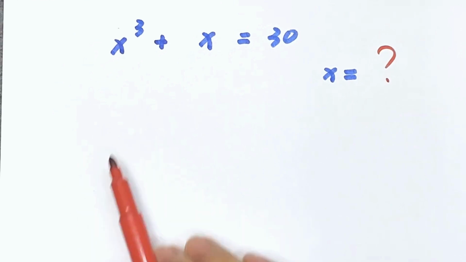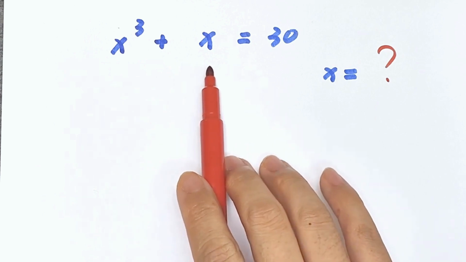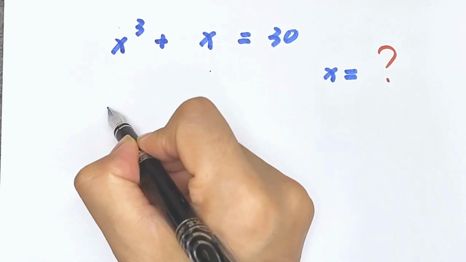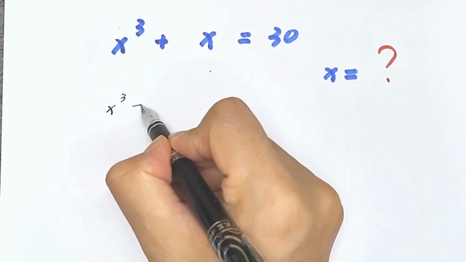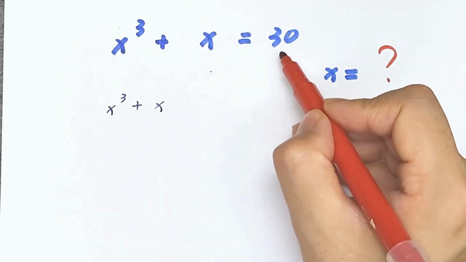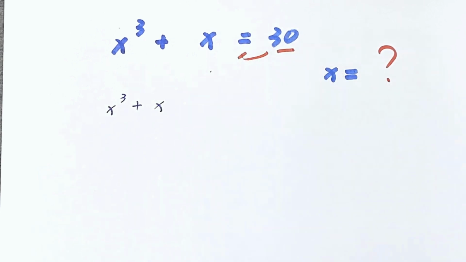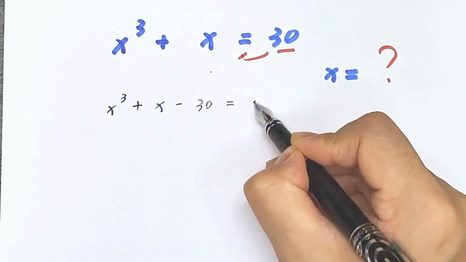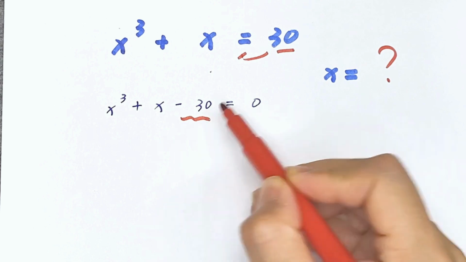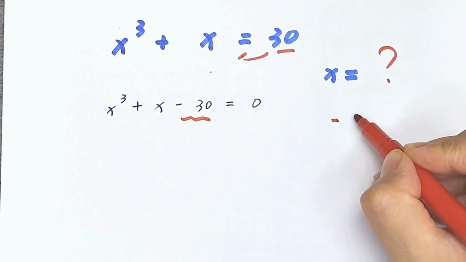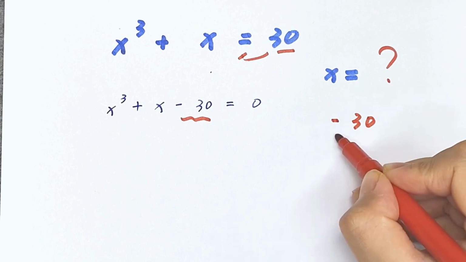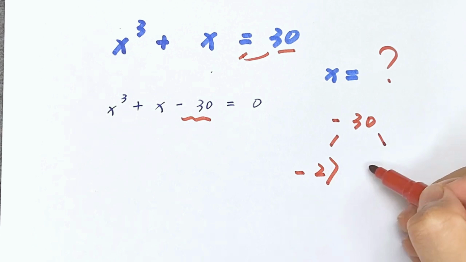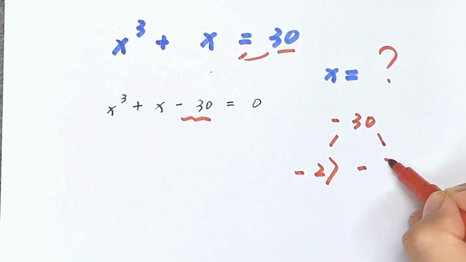How to solve x cubed plus x equals 30 to find the value of x. x cubed plus x, we take this to the left side: minus 30 equals 0. Here, negative 30 is the same as negative 27 minus 3.